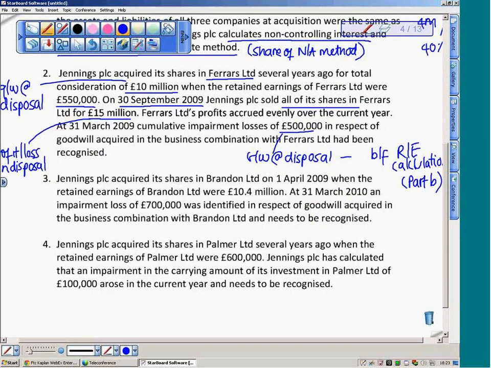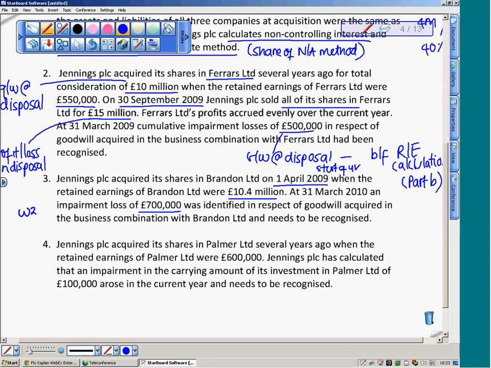Note 3 is telling us that Jennings acquired its shares in Brandon on the 1st of April. So that's at the start of the year. Okay, so no pro-rating to worry about there with our second subsidiary, and the retained earnings were 10.4 million. At 31st of March 2010, an impairment loss of 700,000 was identified relating to Brandon.